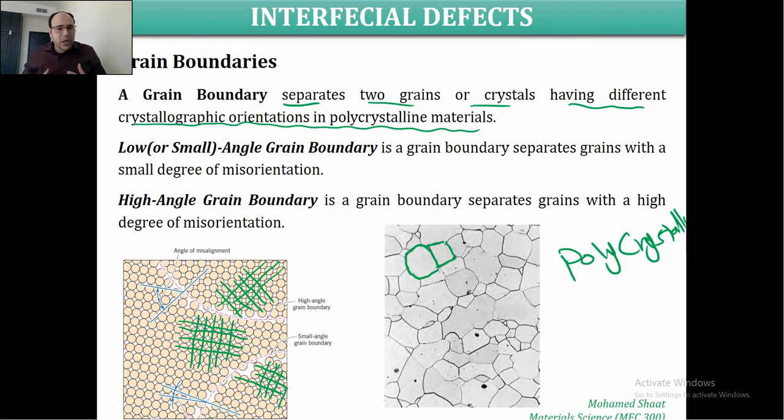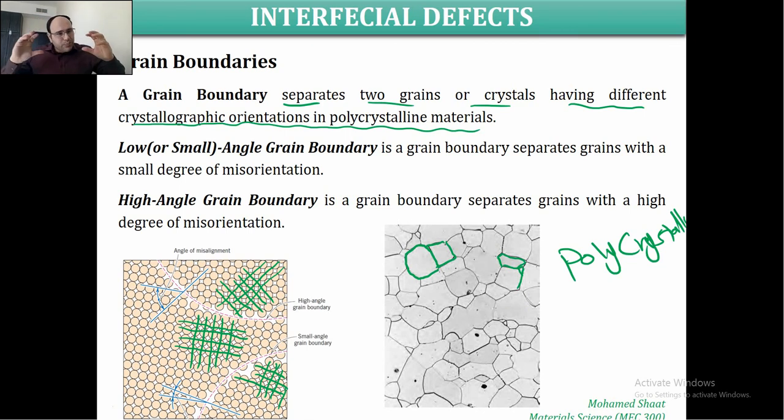It means that there is no specific boundary that physically exists, but this boundary will show up, will be seen as a dark line. This dark line is a boundary. This is another boundary of the same grain. These are the boundaries of this grain. And this is another boundary of this little small grain, and so on. So all of these dark lines indicate a boundary.